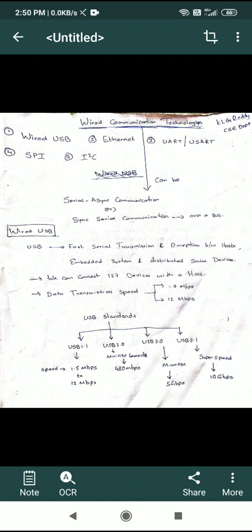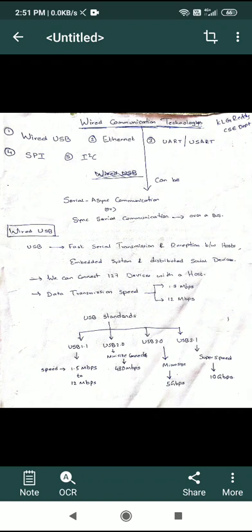For Android mobiles and other new technology mobiles, the supported USB standards are 2.0, 3.0 and 3.1. The basic one is USB 1.1, a normal USB, with a minimum speed of 1.5 Mbps and a maximum of 12 Mbps.